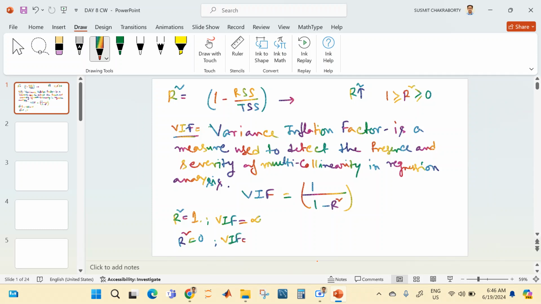So what should be the range of the VIF here? VIF has a range greater than or equal to 1 and up to infinity. Okay, so this is the range of VIF, remember, and now we have to learn the significance of VIF.